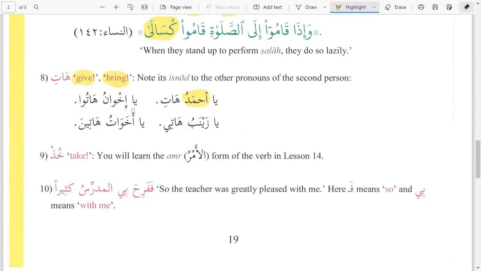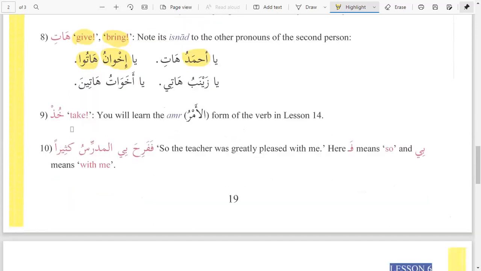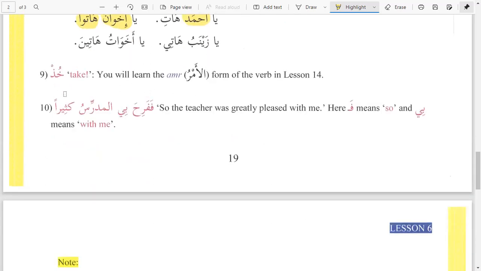Ya Ikhwanu is plural, so we will use hatu. O brothers, give. Ya Zainabu hati. O Zainab, give. Ya Akhawatu hatina. Akhawatu is plural, so we will use the plural form hatina. You will learn this in more detail in the lesson.